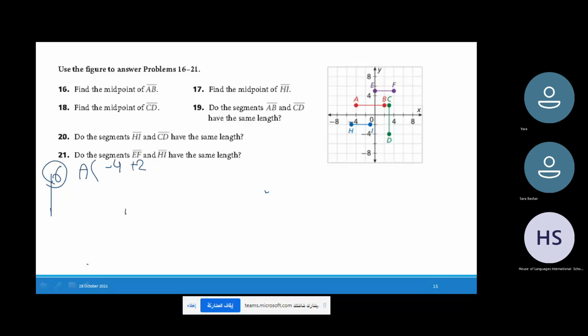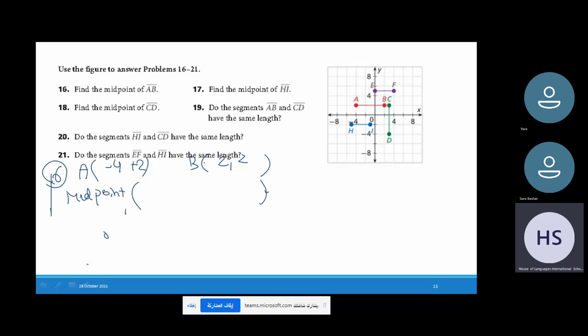Now, B. B is 2, 2. So I have now A and B. Now I want to find the midpoint. How will you find the midpoint?